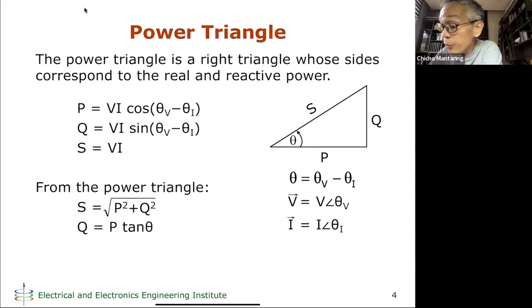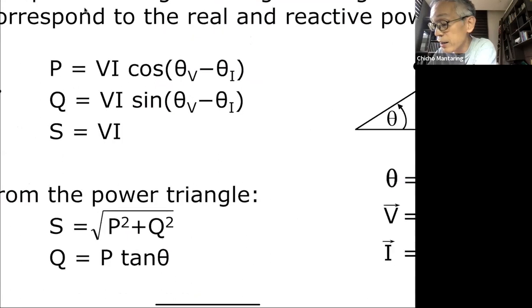That's consistent with this, because remember that VI is equal to S. So here you see, P is S cosine of theta, where theta is theta V minus theta I, and Q is S sine of theta. S is equal to VI.